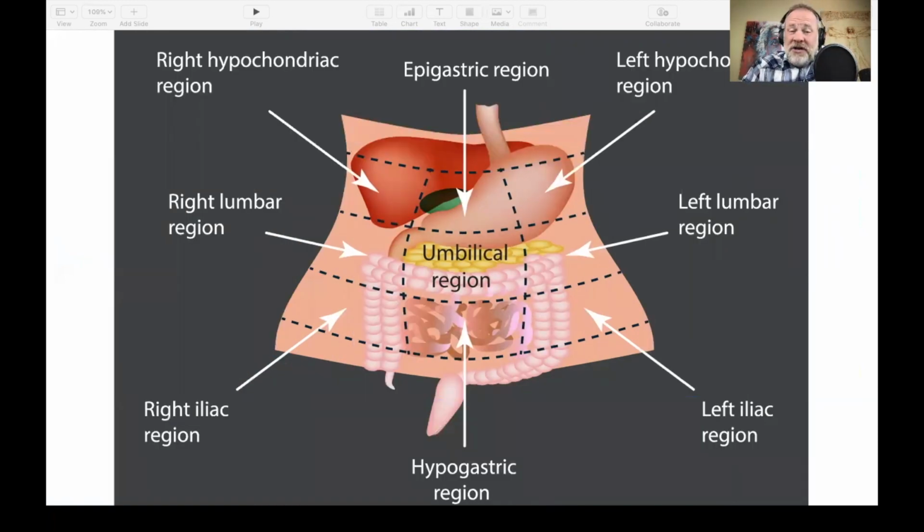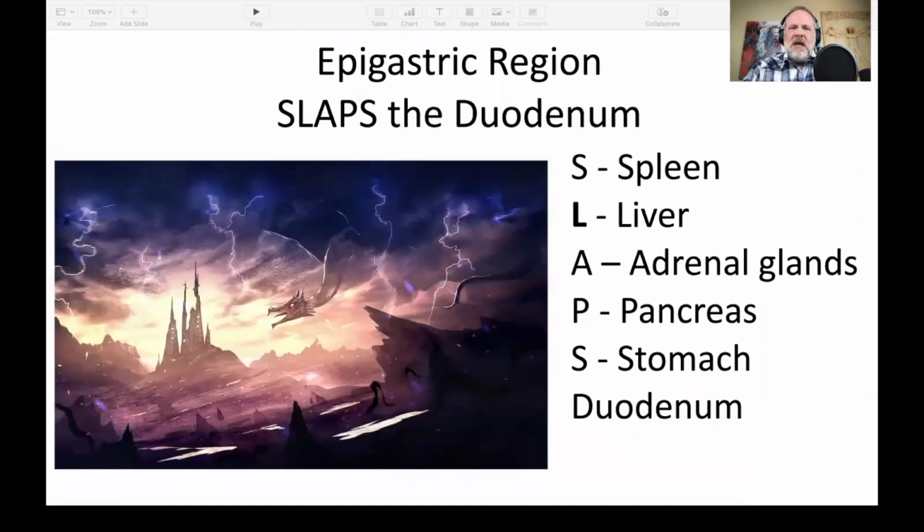Here are the 9 regions again: the epigastric region right there in the middle above the belly button, and the hypogastric below the belly button. Now, speaking of the epigastric region, I want you to imagine that dragon is reaching down and slaps the duodenum. A dragon, see the dragon with a slapping motion.